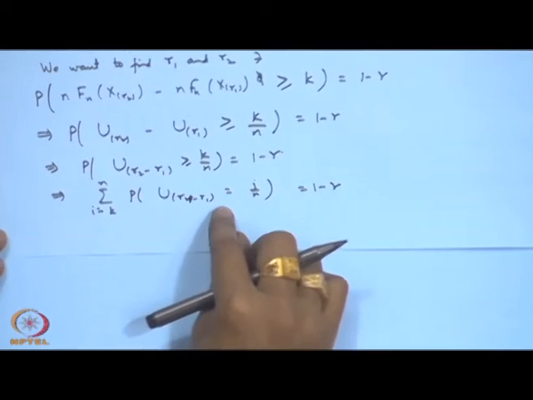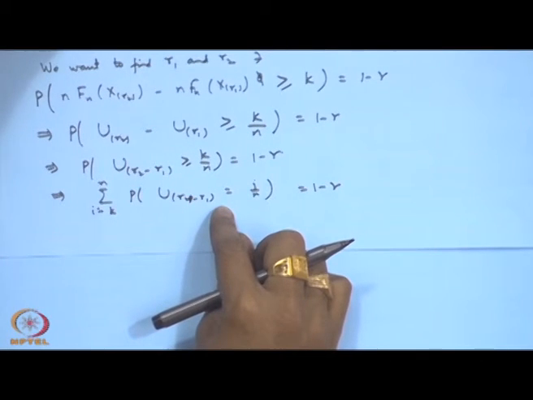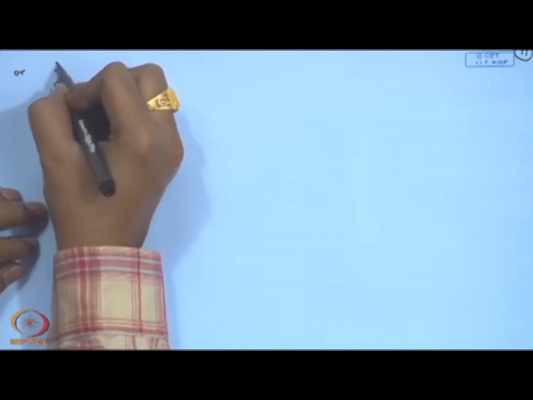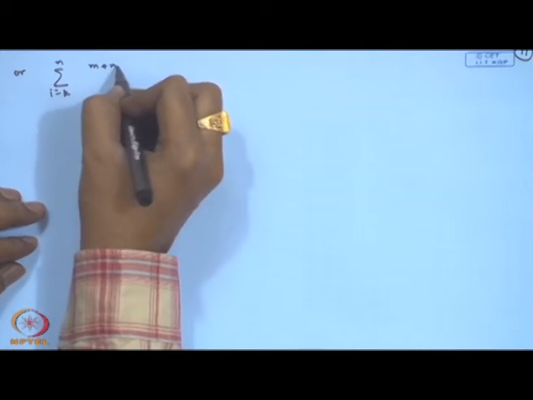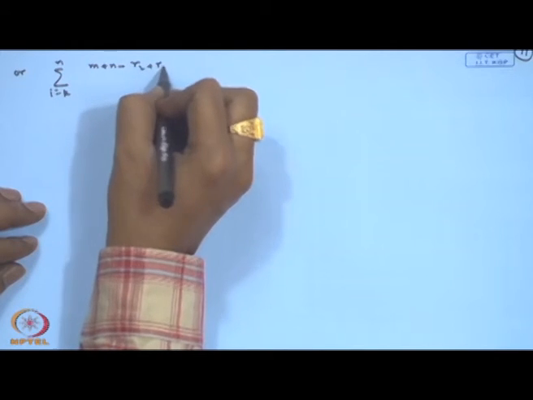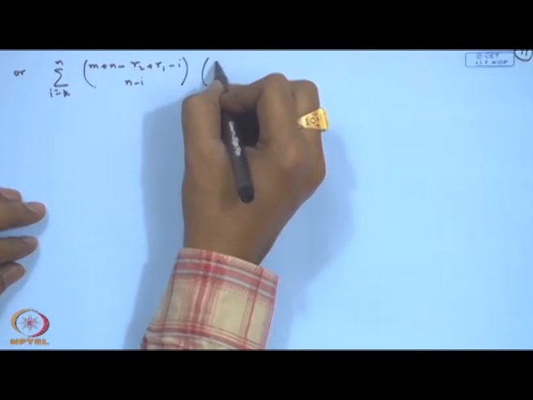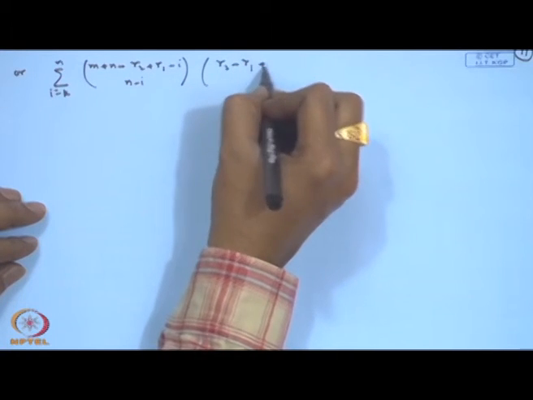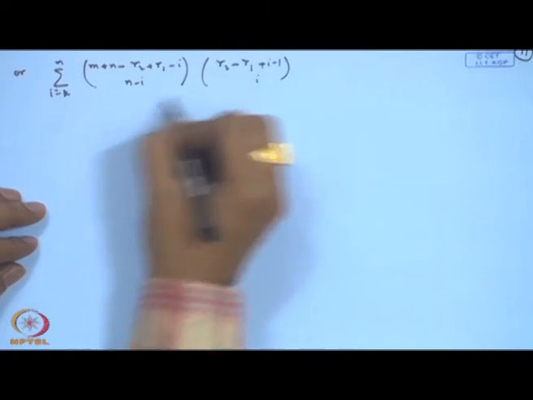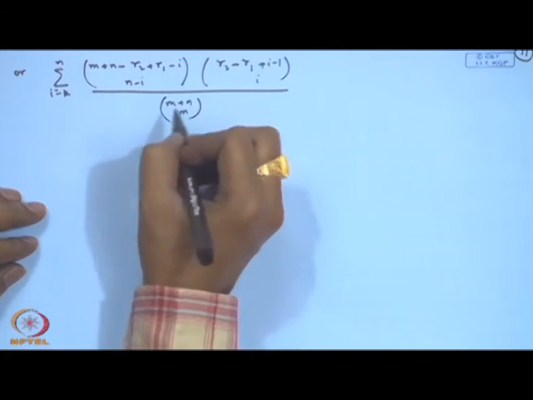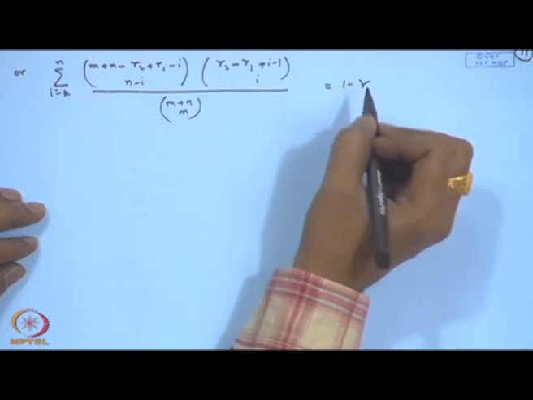The distribution of this is known to us. So, we substitute this value, it is turning out to be simply the sum over I equal to k to n of m plus n minus R 2 plus R 1 C n minus I, times R 2 minus R 1 plus I minus 1 C I, divided by m plus n C n, that is equal to 1 minus gamma.